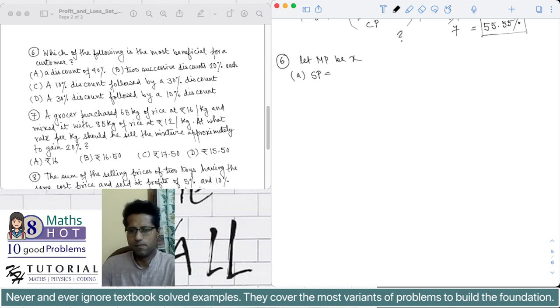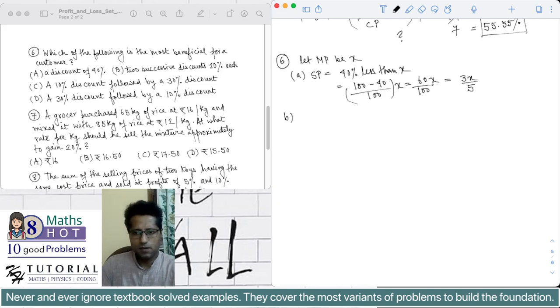So SP will be 40% less than the mark price X. It means 100 minus 40 divided by 100 multiplied by X. This is equal to 60 by 100 multiplied by X, which after simplification is 3X by 5.